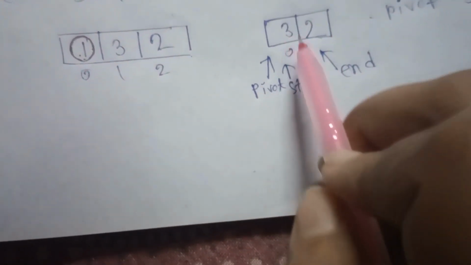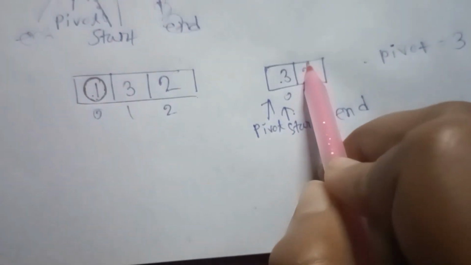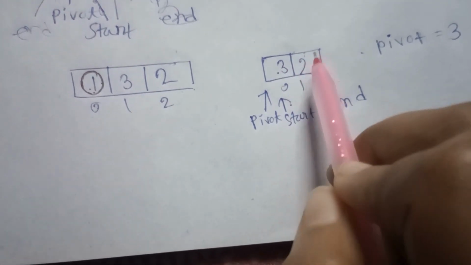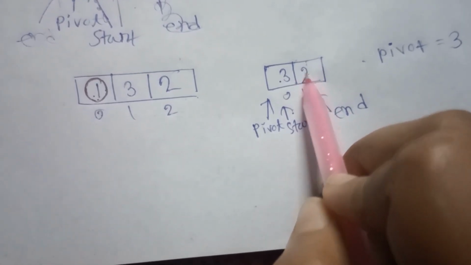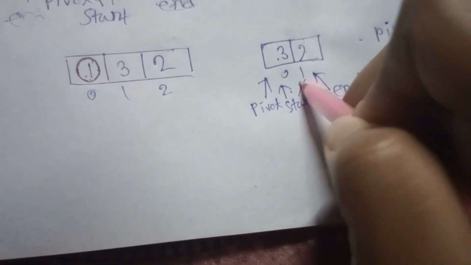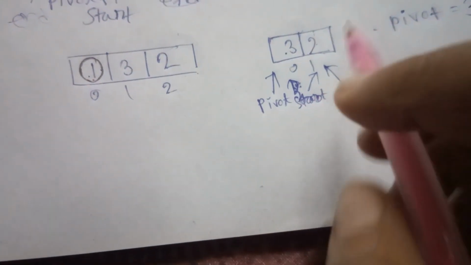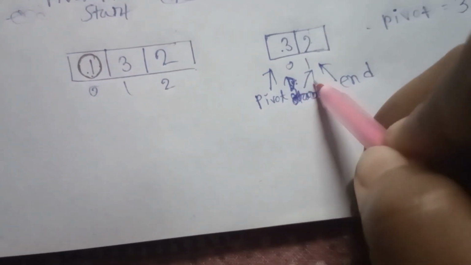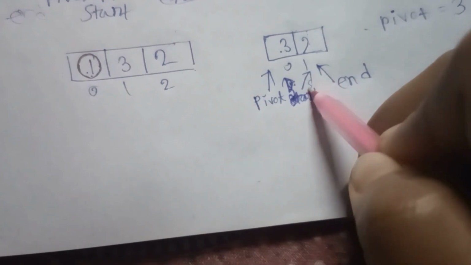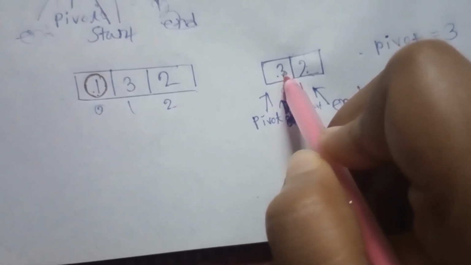3 less than or equal to 3, so increment start. Now the start is here. 2 less than 3, true. Here the start will stop. 2 greater than 3, so false.